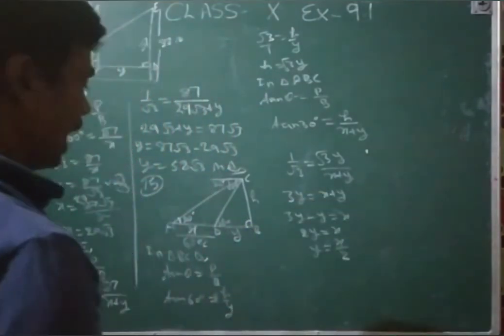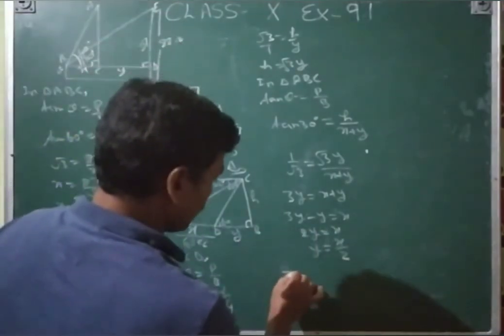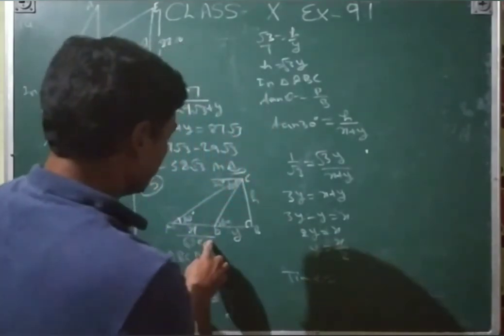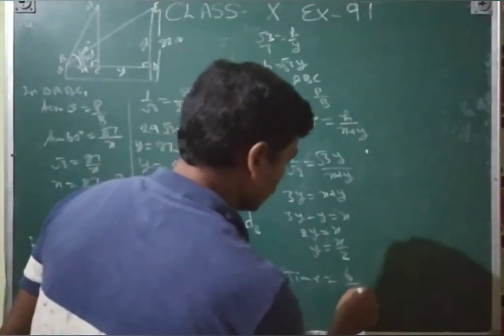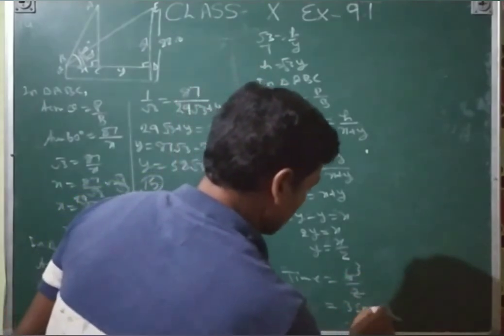X is the distance covered in 6 seconds, so the time is 3 seconds.